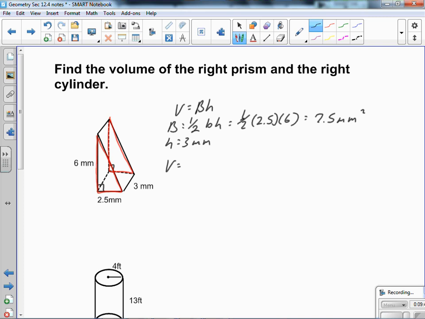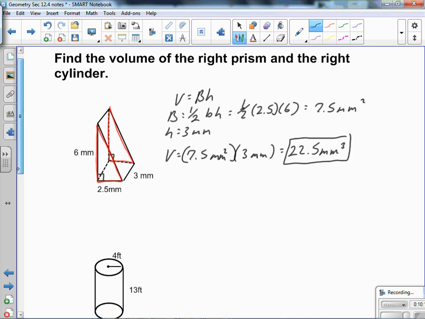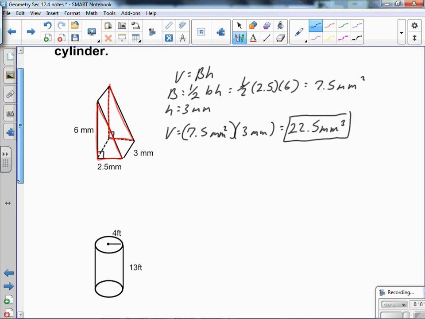So area of the base times the height, 7.5 millimeters squared times 3 millimeters. And then multiply that out, that's going to be 22.5 millimeters cubed. Right? Remember, our volumes are going to have a cubed to the third power.